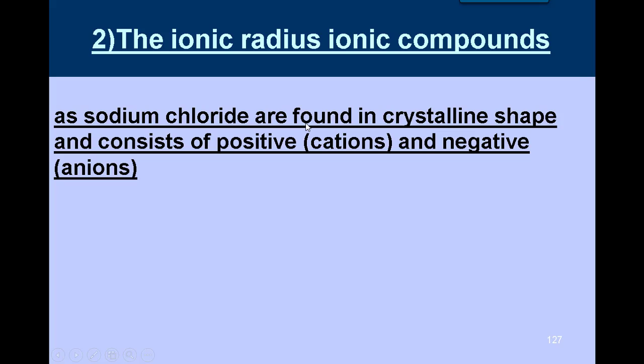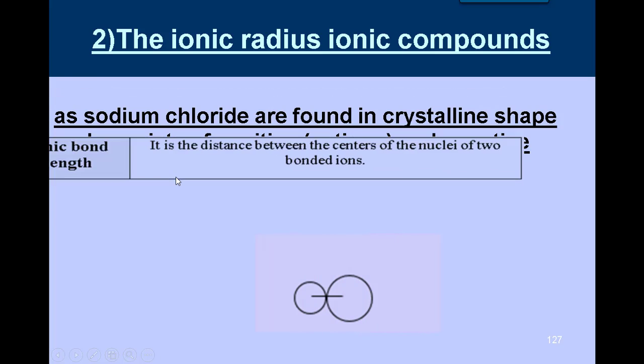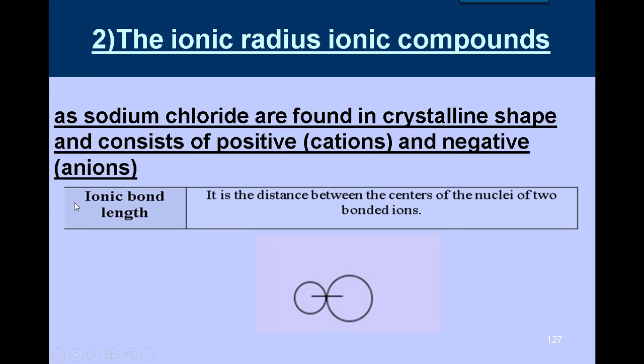It is found in crystalline shape and it consists of a positive cation which is attracted to, or linked with, a negative anion by ionic bond. In this case, we have ionic bond length, which is the distance between the centers of the two nuclei of the bonded atoms. But here you can observe that the two atoms are not similar to each other.